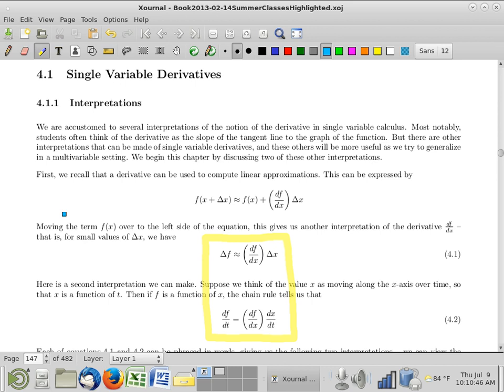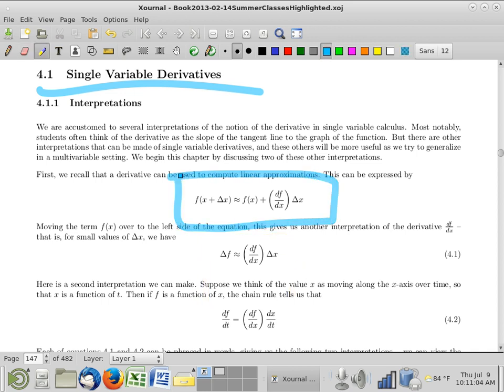I do want to segue into the multivariable calculus by starting off reminding you about single variable calculus very, very briefly. I know that you all know single variable calculus. Just a quick reminder. Don't forget there's this formula here. It gets written in different ways.